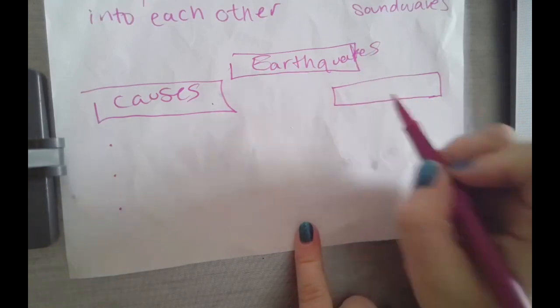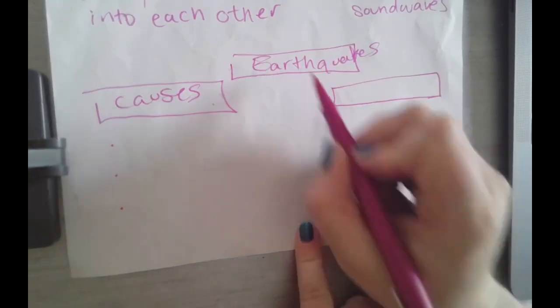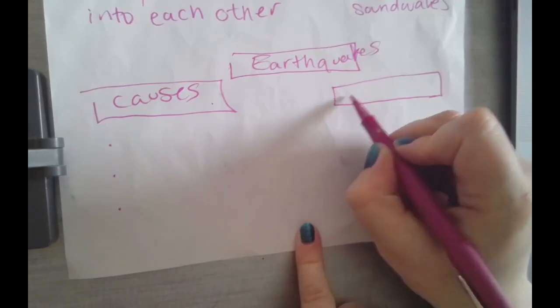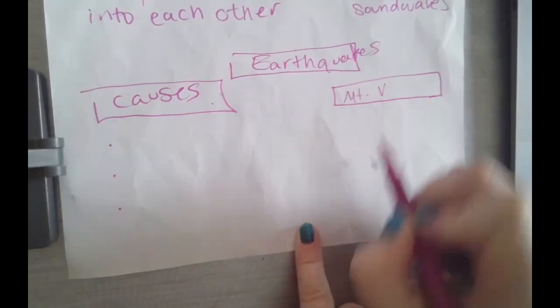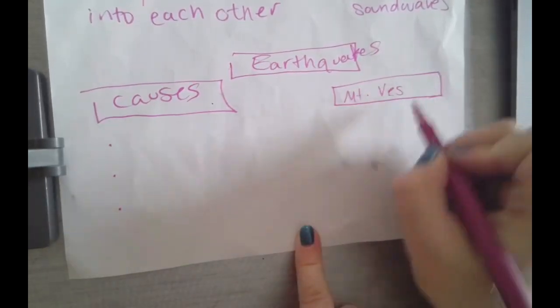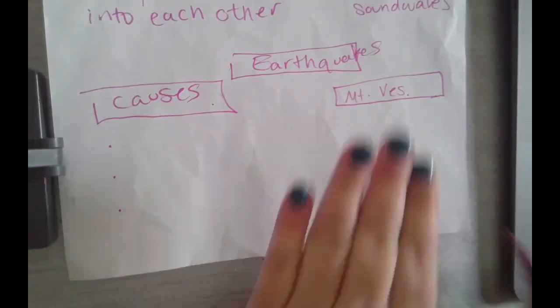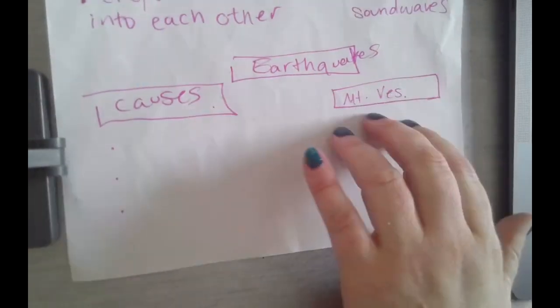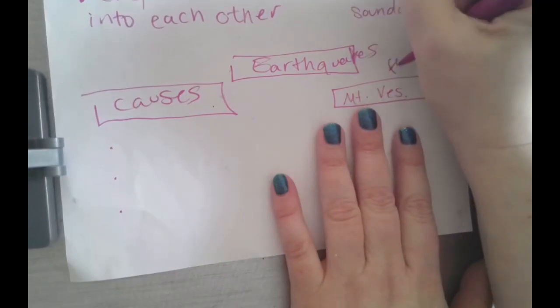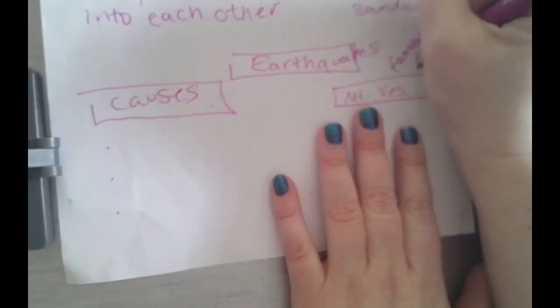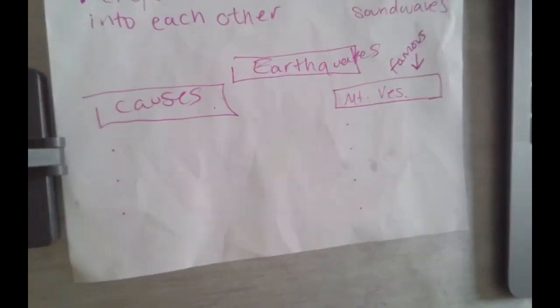Like if it was a famous volcano, if this said volcanoes up here, I might put Mount Vesuvius. And I'm not sure of the total thing. But I would put the actual name of the famous volcano. Maybe I make a little note here, famous, with an arrow. And then I would put my details about Mount Vesuvius there.